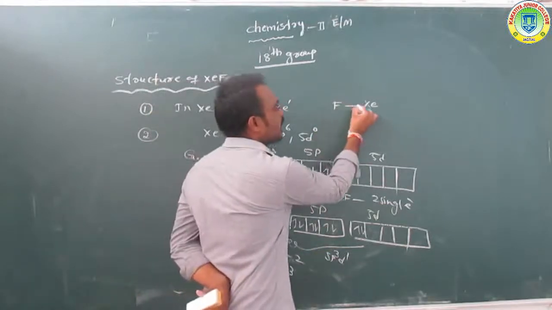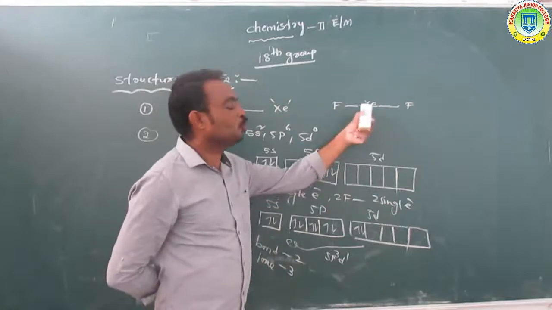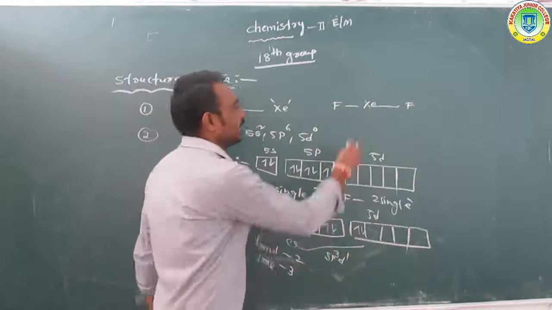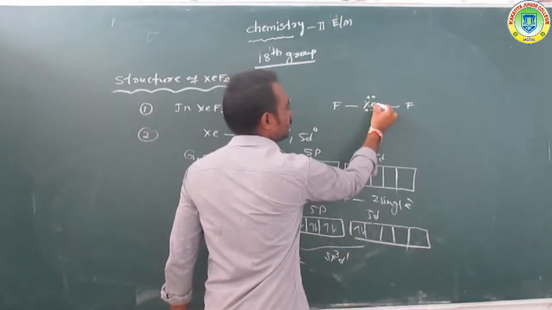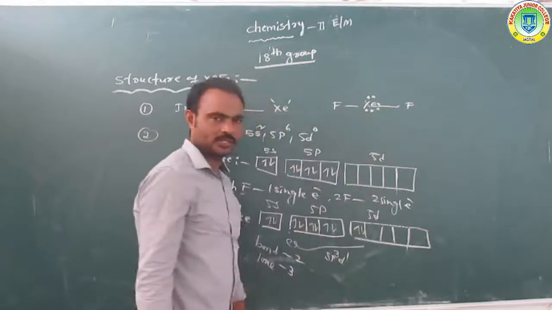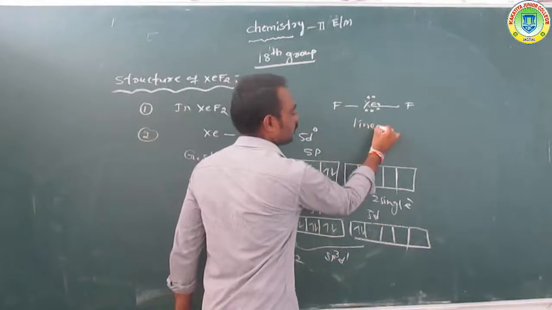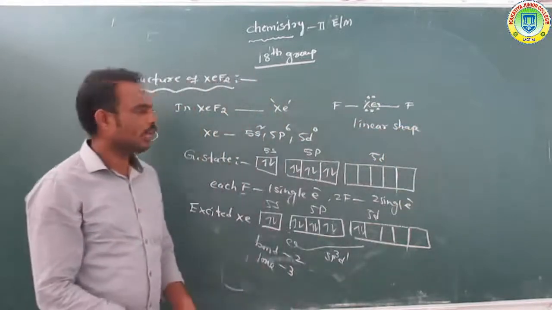Two fluorine atoms are attached with two single bonds or sigma bonds. It contains 3 lone pairs. What is the structure? Linear shape. Okay, listen.